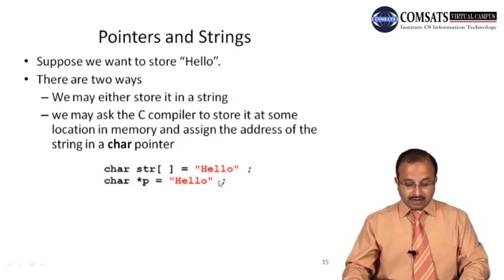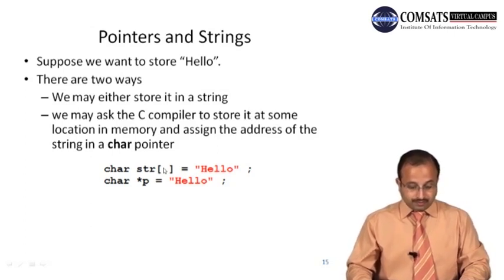It puts the null character at the end of the string, and इस memory का जो starting address होगा, it assigns that address to this pointer. So for the pointer it allocates 4 bytes, and that pointer contains the address of the memory location where you have the string hello, right? And in the first case it will allocate 6 bytes for the character array str, इसके लिए 6 byte allocate करेगा, and that's it.